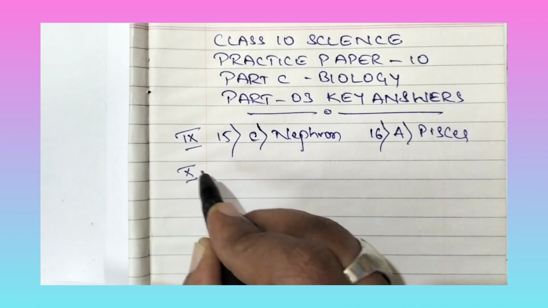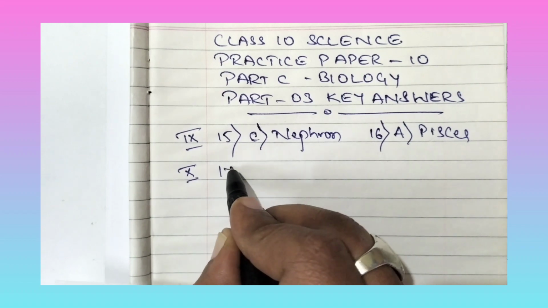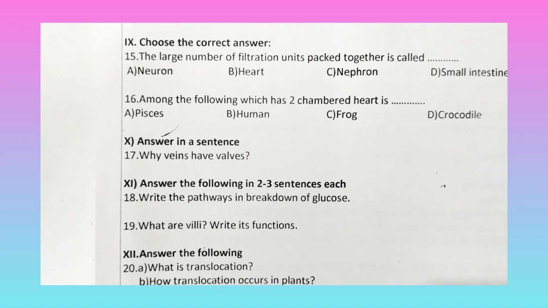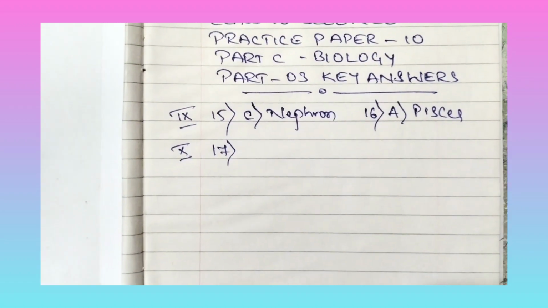So now let us move to the 10th main, that is question number 17. What is question number 17? That is, why do veins have valves? So the veins will have valves. Why?